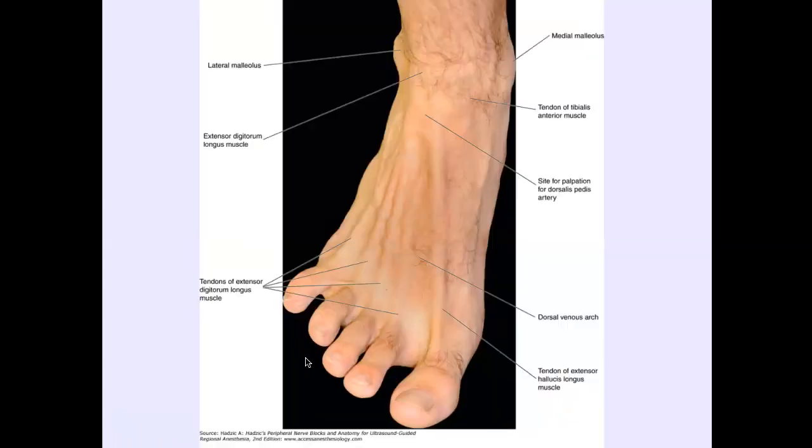So I wanted to just show you this picture because of the site for palpation for the dorsalis pedis artery. This artery has a clinical significance because if you're under general anesthesia, the medications for putting you out can be dangerous because they can kill you if it's too much.